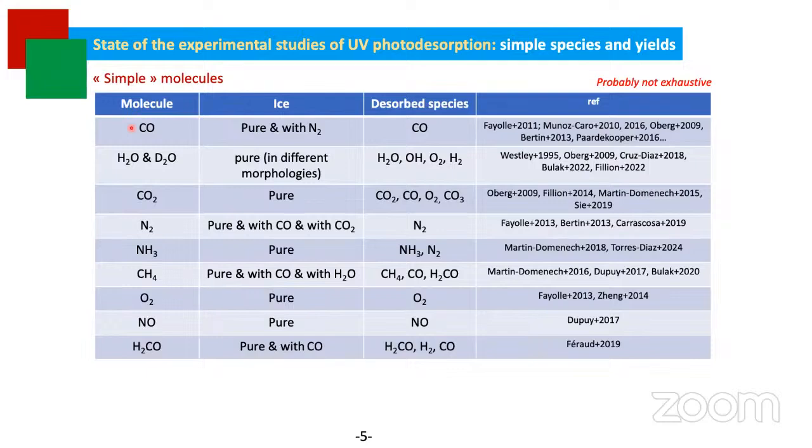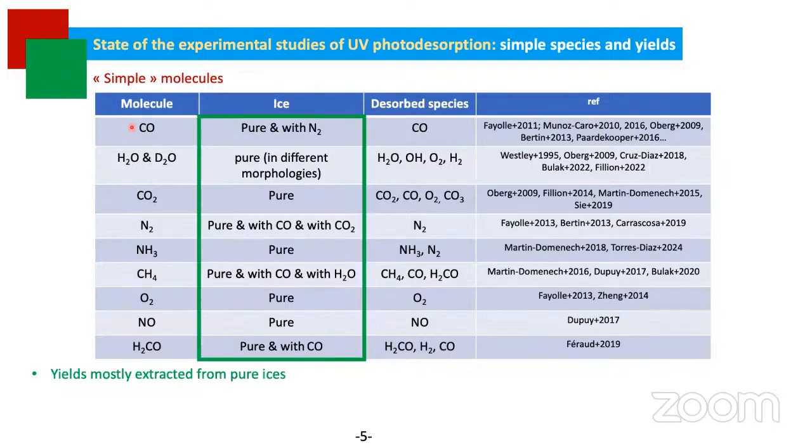But what I would like to stress here is, first, most of the time, the yields that are extracted were extracted from pure ices. So for N2, the yield we have is from pure N2 ice, for instance, pure NH3 ice, pure O2 ice, pure NO ice, and so on.